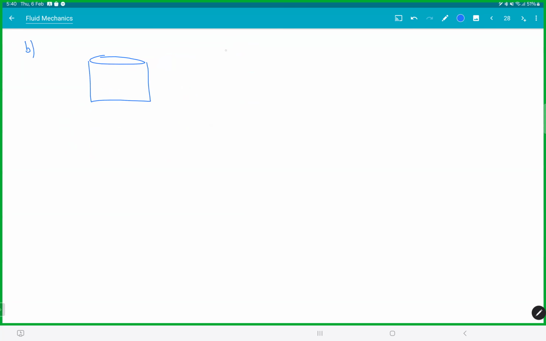Suppose we have a container here. There we have three containers like this. All of them have same base area. Meaning this bottom part's area is same.